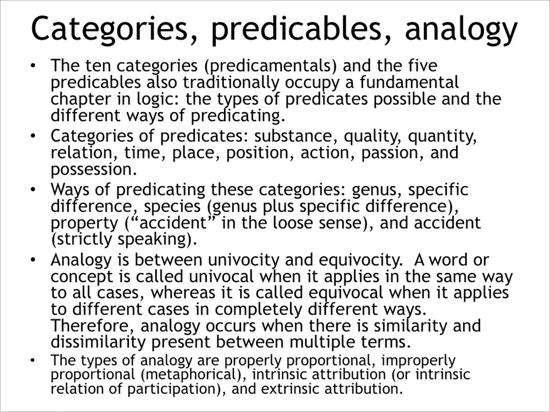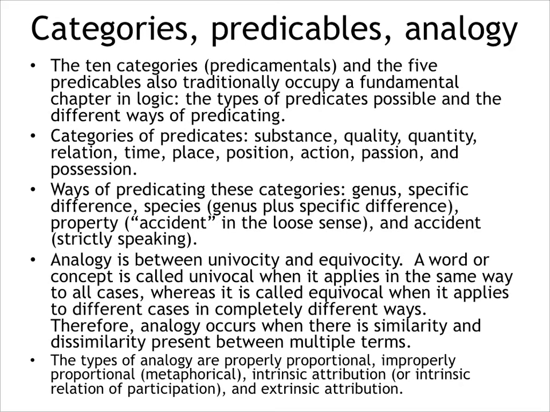And univocity is the opposite, where the concept applies equally to every member of its class. Like animal, cats are equally animals as dogs are. One isn't more animal than the other. And then analogy is where there's both similarity and dissimilarity between the things you're talking about.